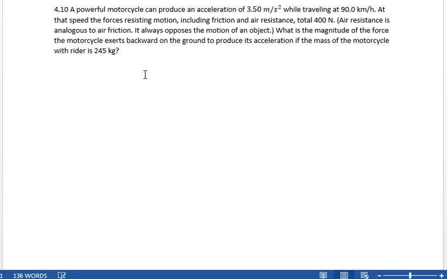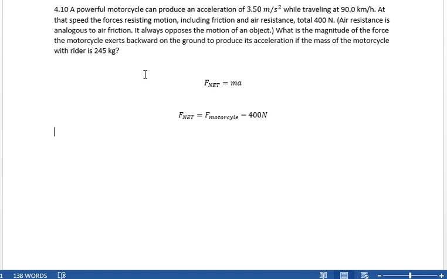These are opposite directions. So what does that mean? Well, what we're looking for is for F net equals mass times acceleration. They gave us the mass, they gave us the acceleration. And we know that F net is equal to the force exerted on the motorcycle by the ground, minus 400 newtons, right?